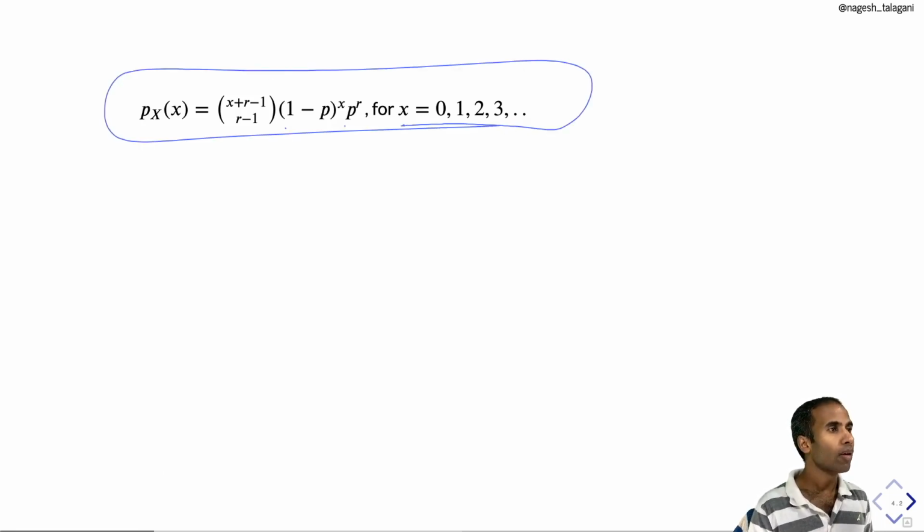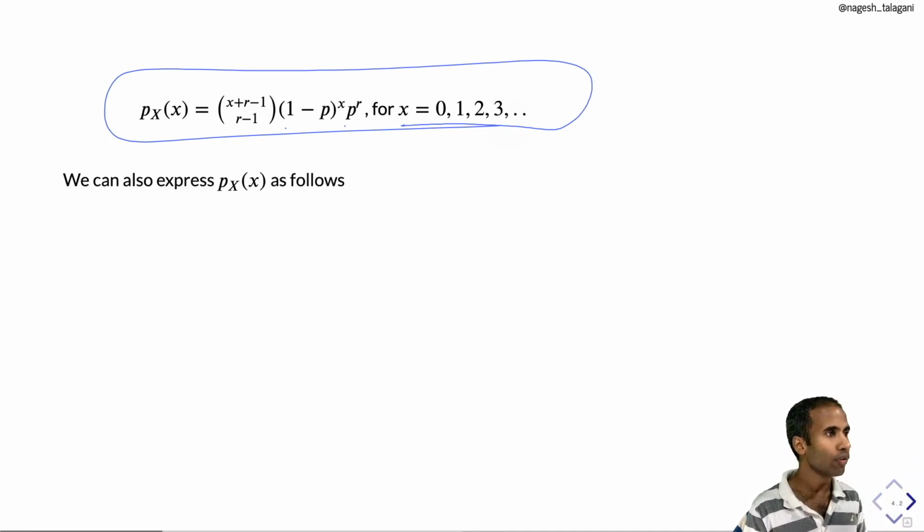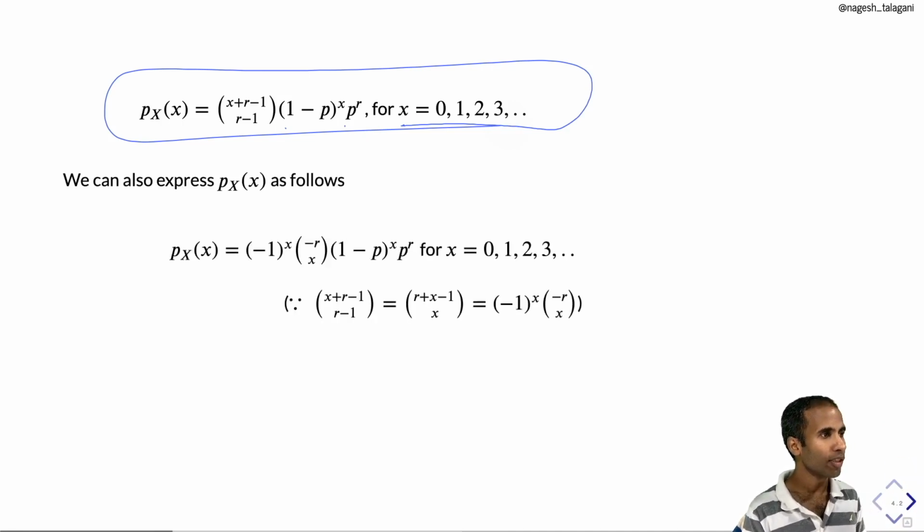Now, let me rewrite this one. We can also express it using the extended binomial coefficient. We have a relationship between the extended binomial coefficient and the ordinary binomial coefficient when the top parameter of the extended binomial coefficient is a negative number, right? So we can also express this one like this.